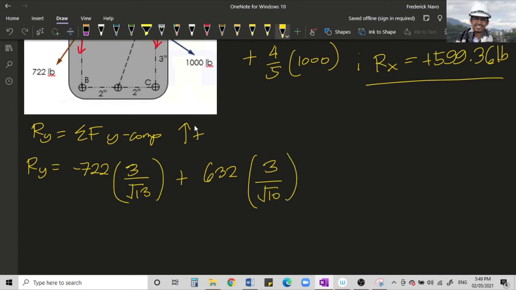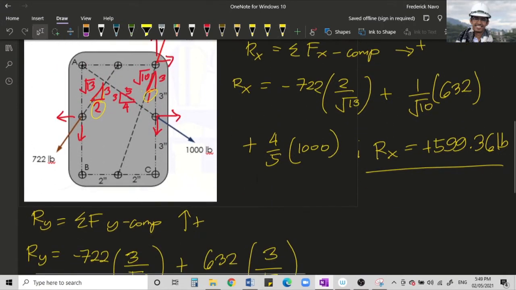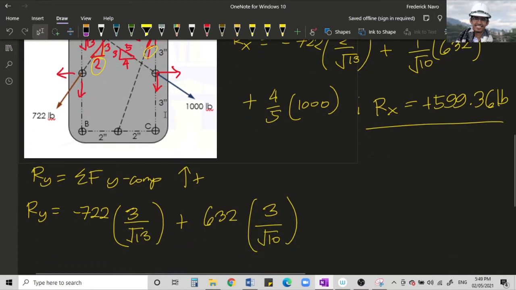Tama. And for the 1,000 pounds, so that is going downward. So negative ulit tayo. Okay? So that will be minus 1,000. And yung slope na gagamitin natin, so yung slope natin is 3, 4, 5. So yung along y-axis is 3. So that will be multiplied by 3 over 5. Tama?